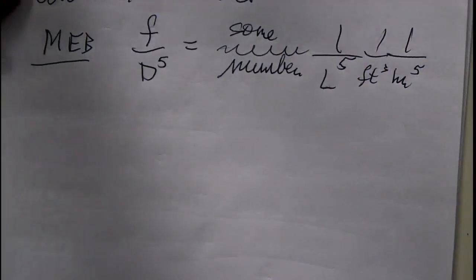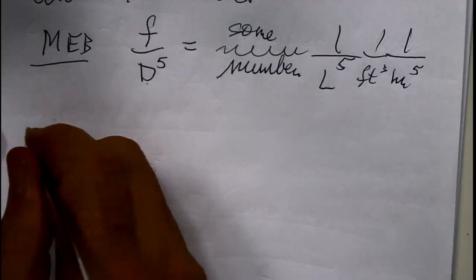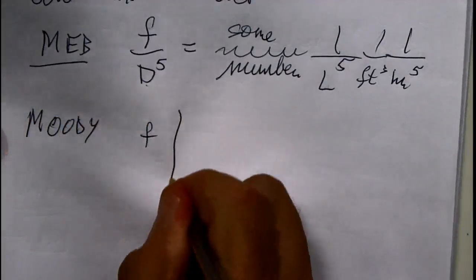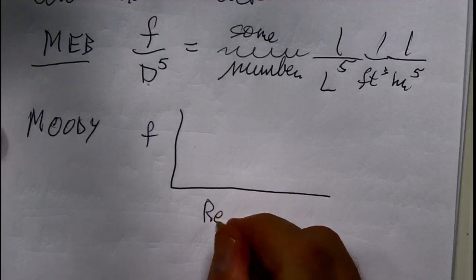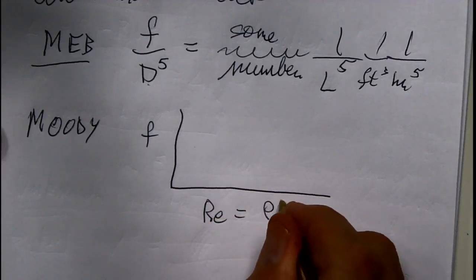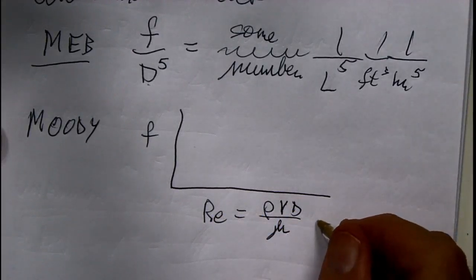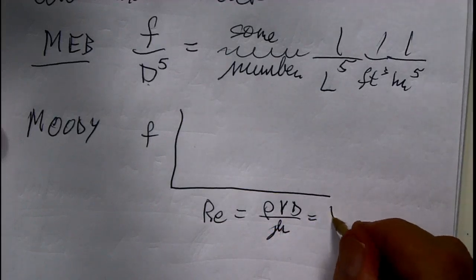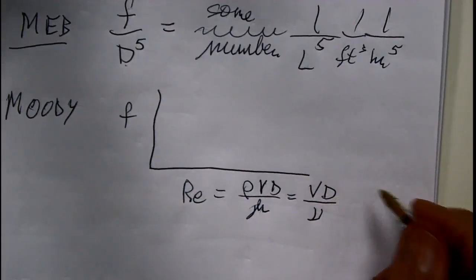So again, we have the relationship between friction factor and diameter. And then we pull out the Moody diagram, which gives you friction factor as a function of diameter. We have our Reynolds number, density, velocity, diameter, over absolute viscosity. That also equals velocity, diameter, over kinematic viscosity.